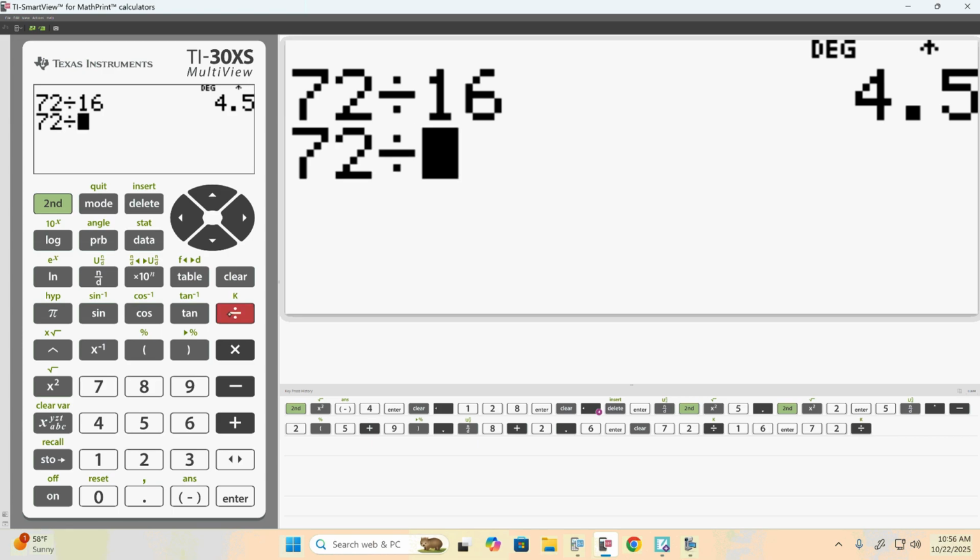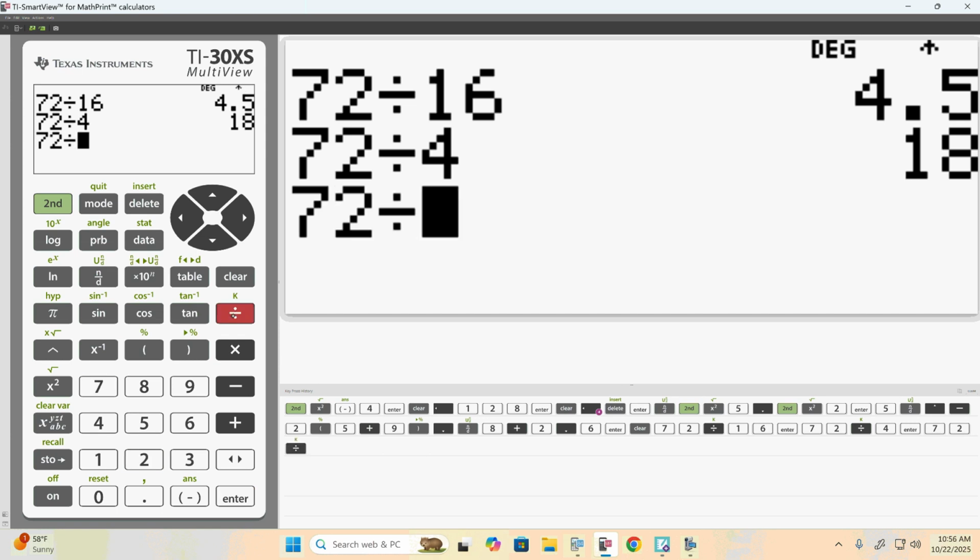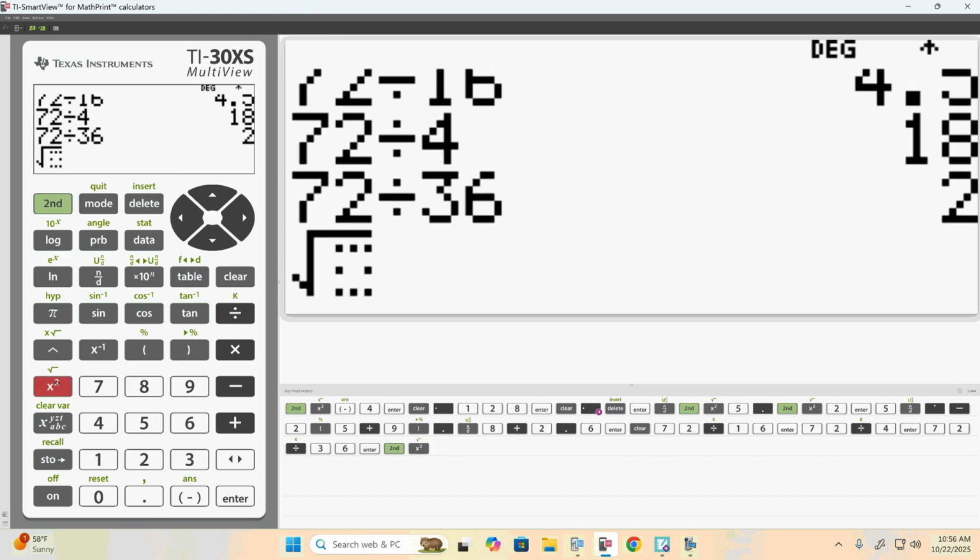72 divided by 4 is 18. So 36. Or, what did we also say? The TI-30XS, this yellow calculator, is great with square roots. Try typing into the yellow calculator the square root of 72.